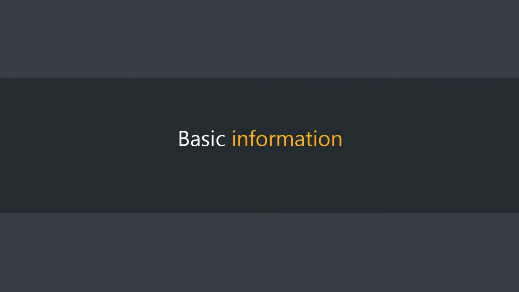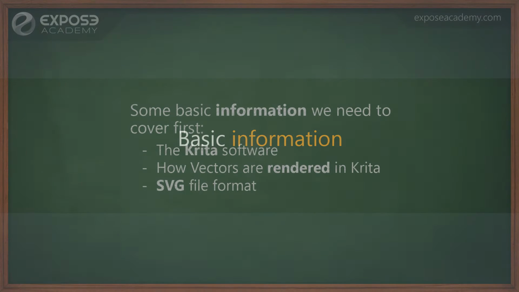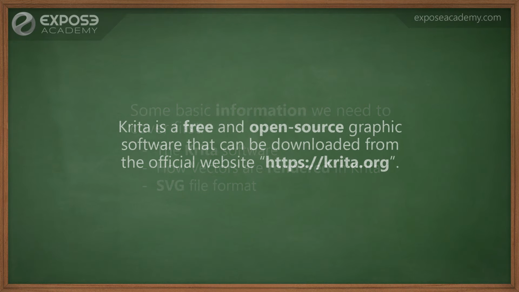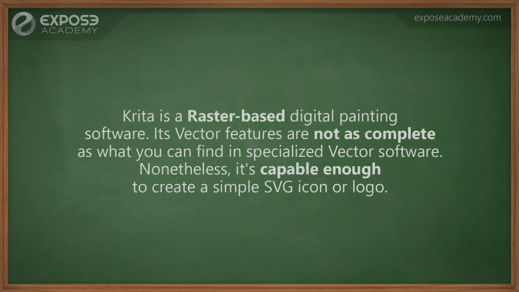Before we start, for those of you who are just starting out learning graphics, there are three important things that I need to convey. The first is about Krita. Krita is free and open source software that you can download from krita.org. At the core, Krita is actually a raster-based digital painting software, not a vector software.